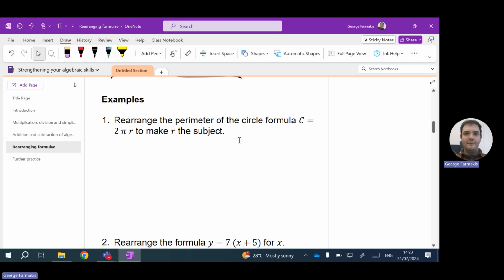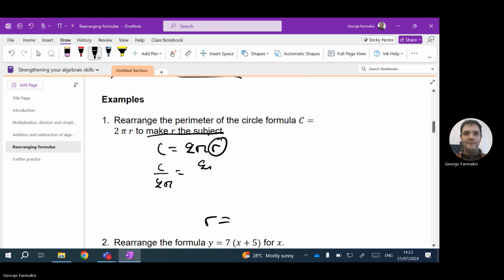So here we are given the formula for the perimeter of the circle. So the perimeter is 2 pi r, and we want to make r the subject. So essentially we want to write down that r equals. If I want to isolate r, because 2 pi multiplies r, I divide both sides by 2 pi. We see that on the right-hand side, 2 pi and 2 pi simplify.